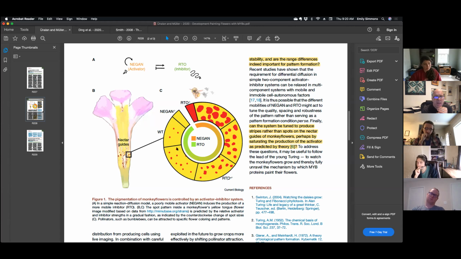I read a paper where the color of the petal was changing in response to heat stress on a particular type of flower. So I just wouldn't overinterpret this.